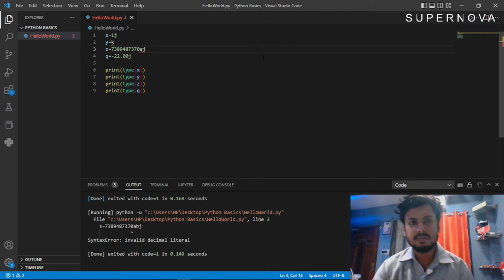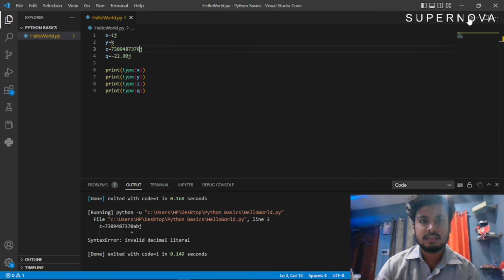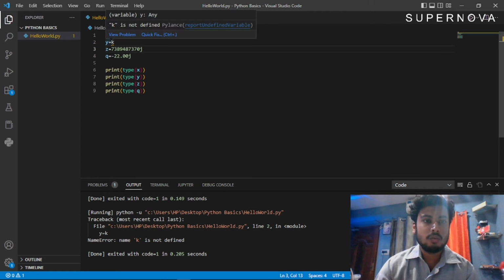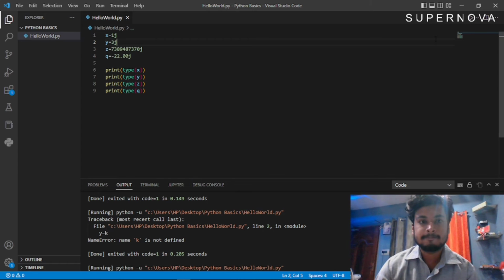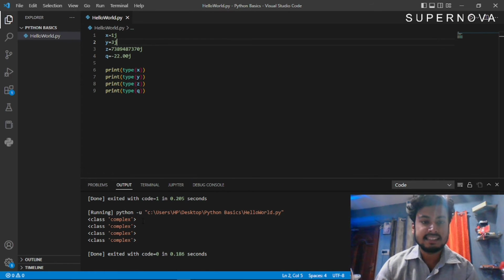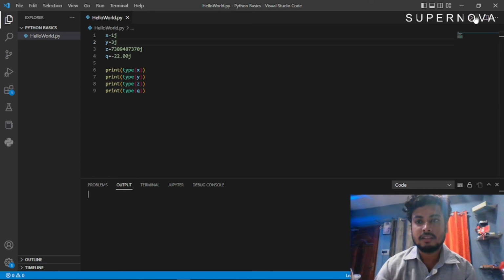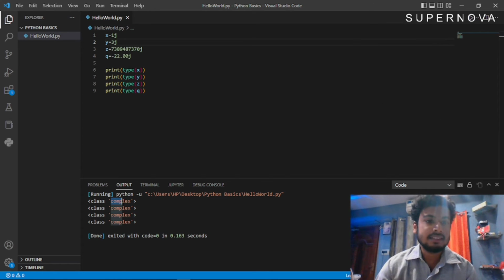Let's remove this one and this one also. Now let's run it. k is not defined. Let's write 3j instead. See the output: complex number, first one 1j, next 3j.